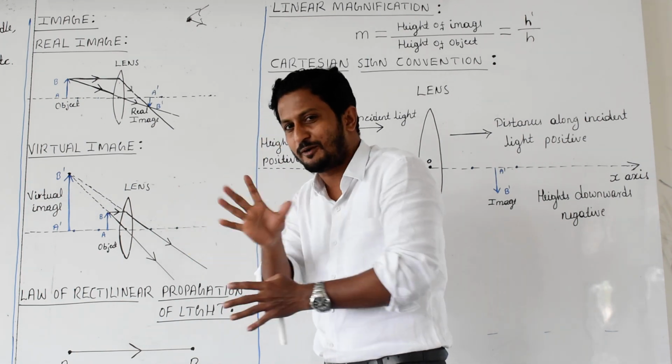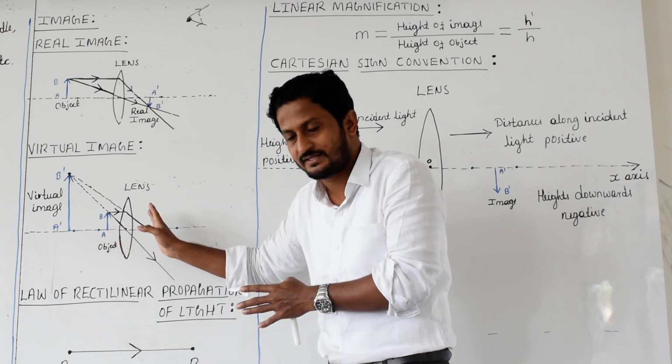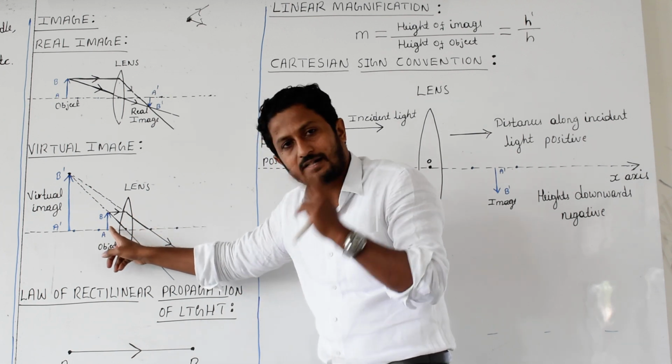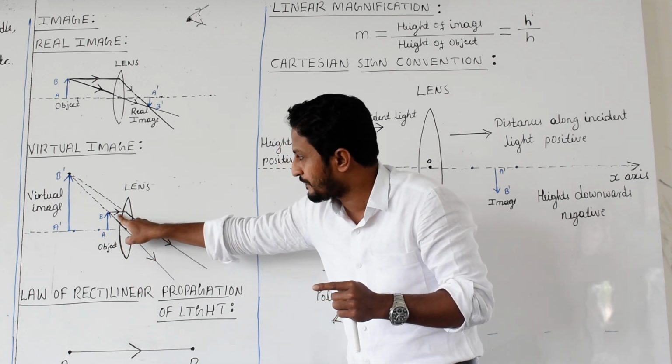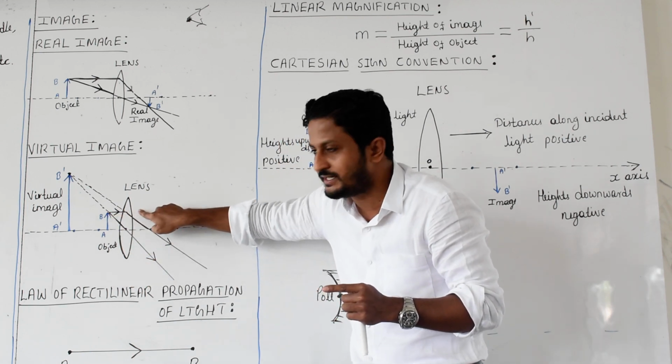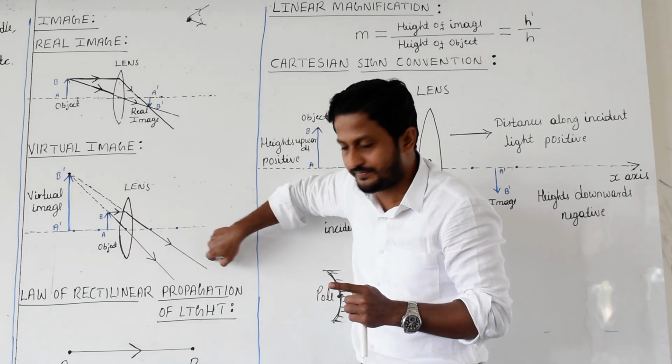Now just see what virtual means. I placed the object very close to the lens. From that object again I have taken two light rays. One light ray is incident on the lens and refracted along this direction.